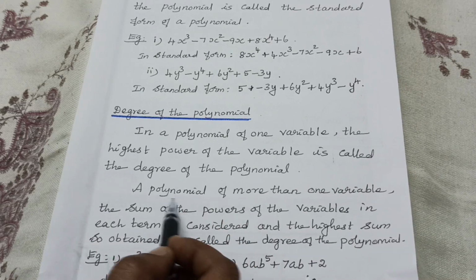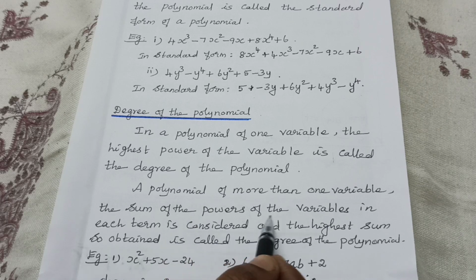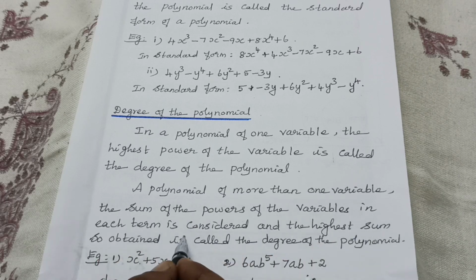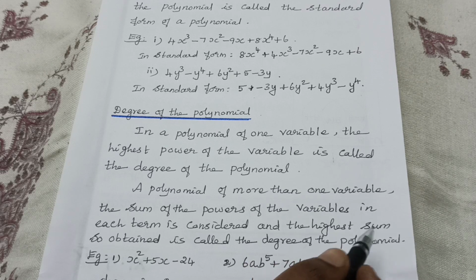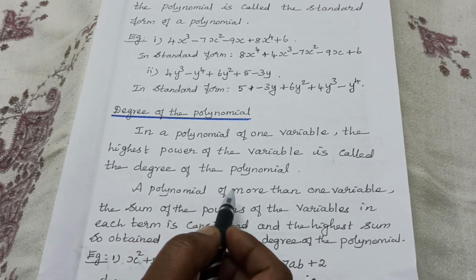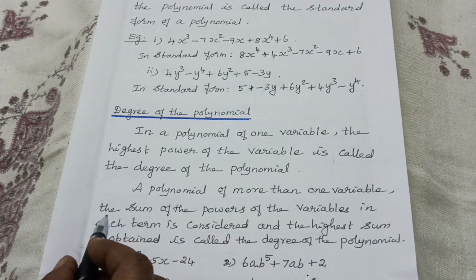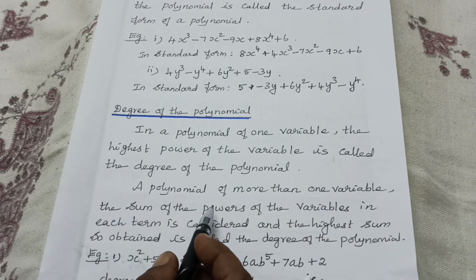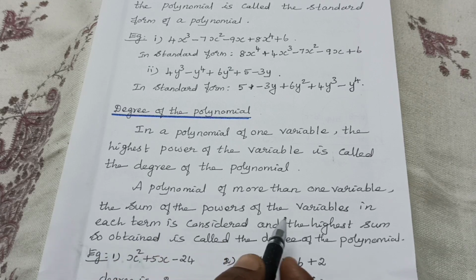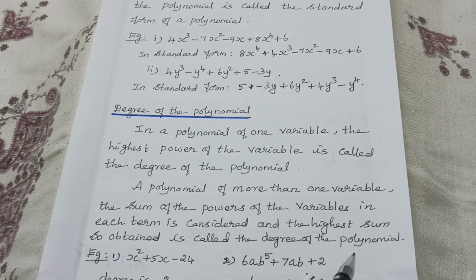Then for a polynomial of more than one variable, the sum of the powers of the variables in each term is considered, and the highest sum so obtained is called the degree of the polynomial. More than one variable means you find the sum of the powers of both variables, and the highest sum is the degree of the polynomial.